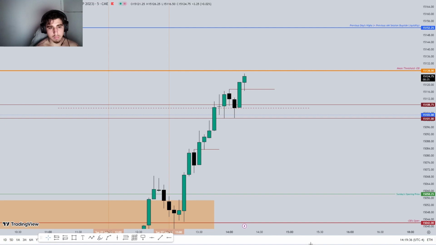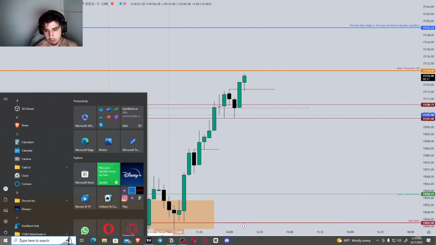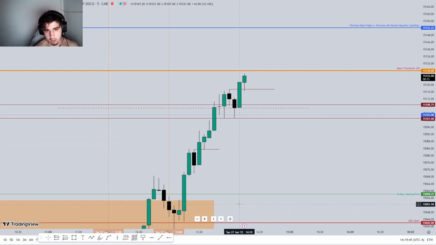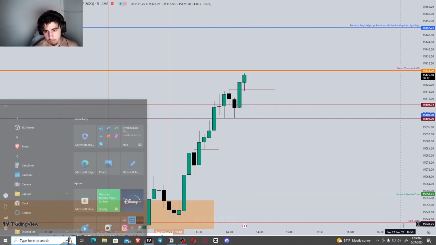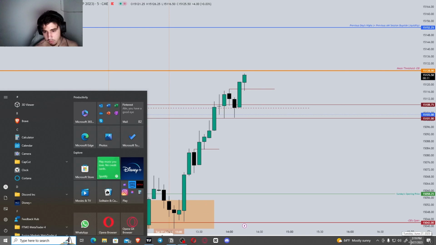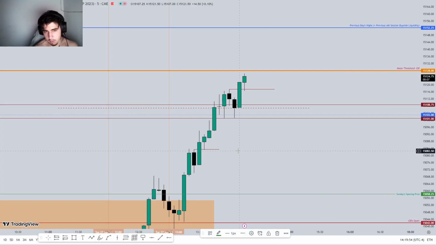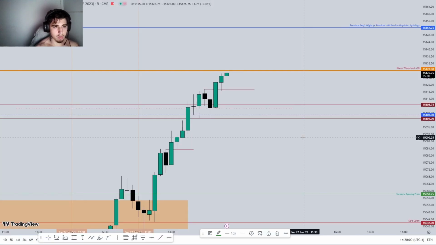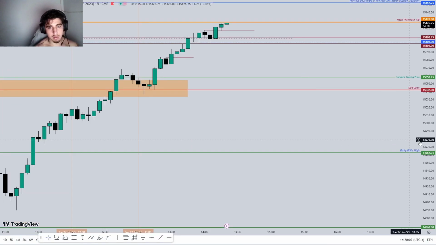So again, this is a live chart. This is 27th of June 2023. I'm gonna switch these things up so you guys can see. Going to euro so you guys can see.